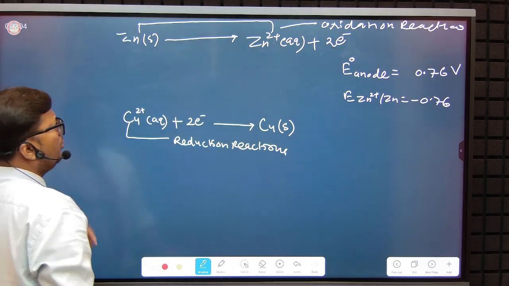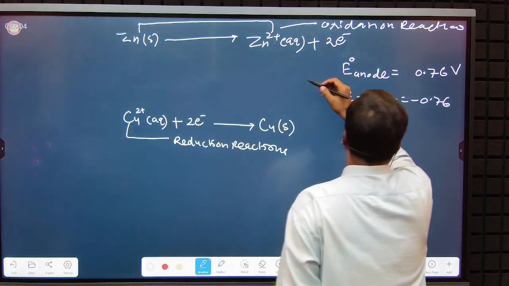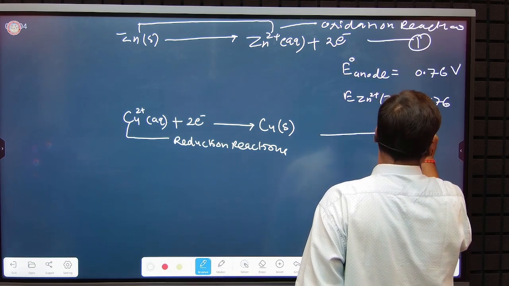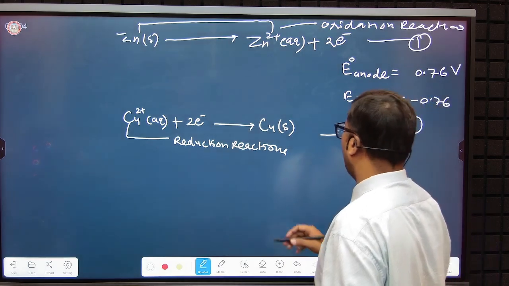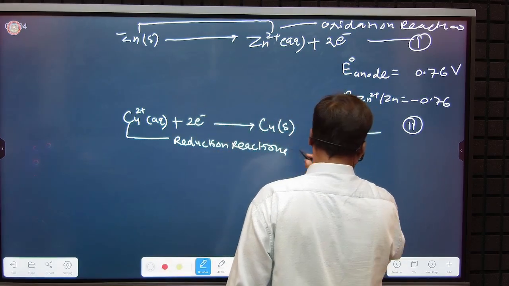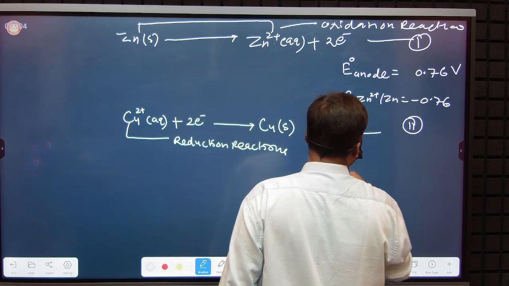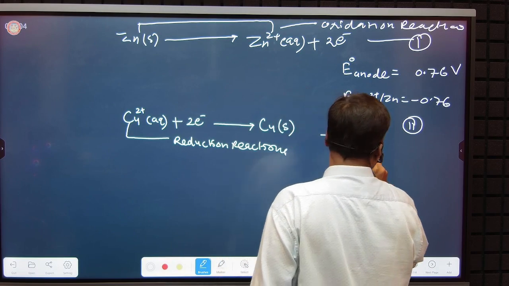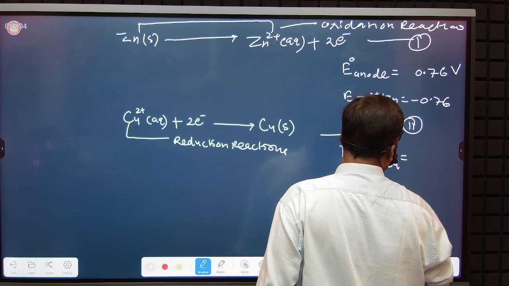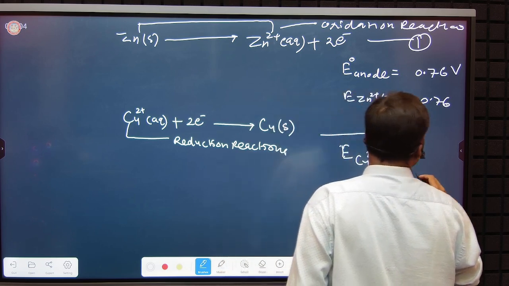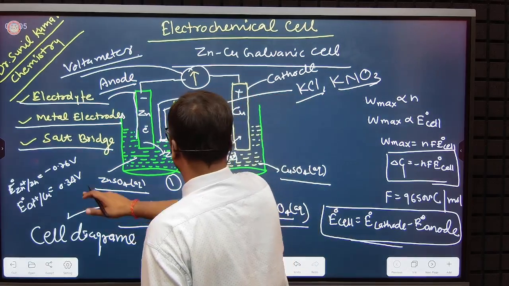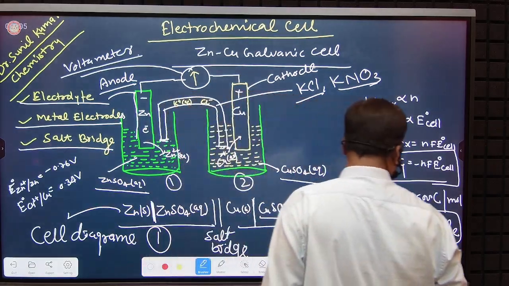Now look at these two equations. This is the first equation and this is the second equation, and the potential for this particular half cell reaction, Cu2+ / Cu, is equal to the value which I have shown here, 0.34 volt.